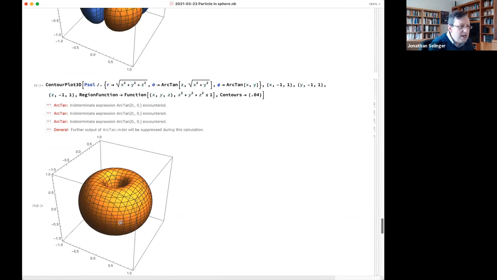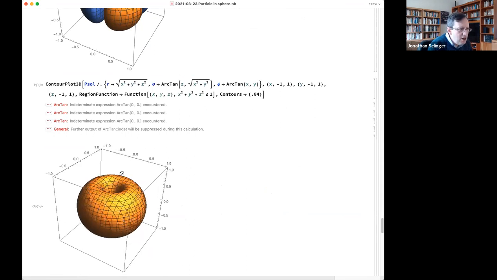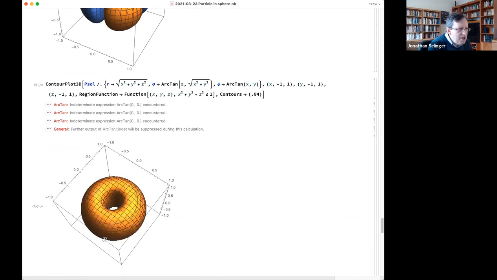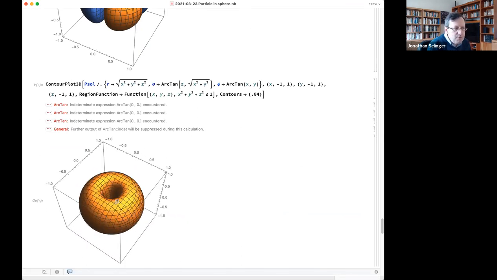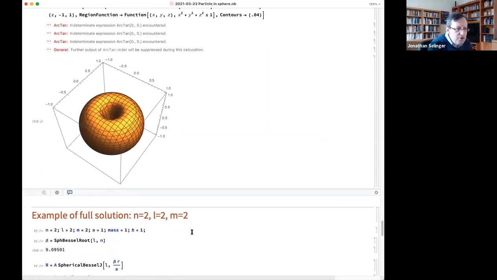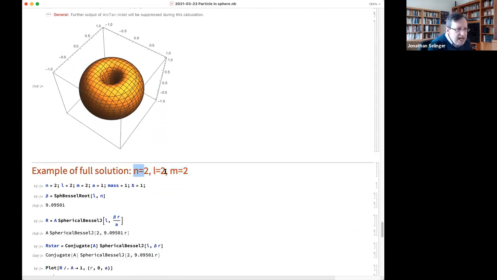Here we have a certain angular dependence that comes from the L and M, and then a certain radial dependence that comes from the function of R. What if I change the N number? I'll go to N equals 2. That is the second place where the spherical Bessel function is equal to 0.